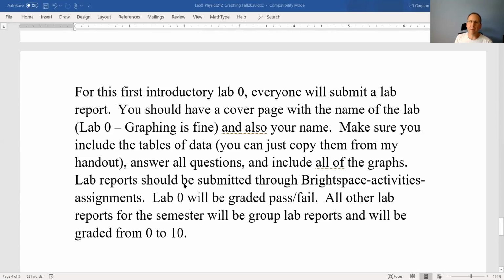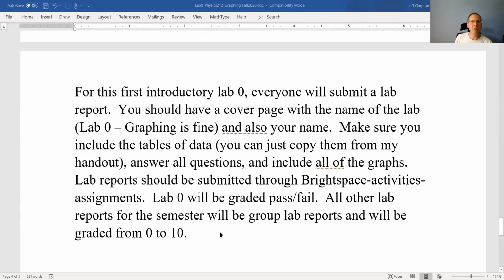The first lab, this lab 0, I'm just going to grade everyone pass fail just to make sure you did it, right? And then you have some practice with graphing and you know how to submit lab reports. And then later on throughout the semester, when you do your group lab reports, those will be graded on a scale from 0 to 10.